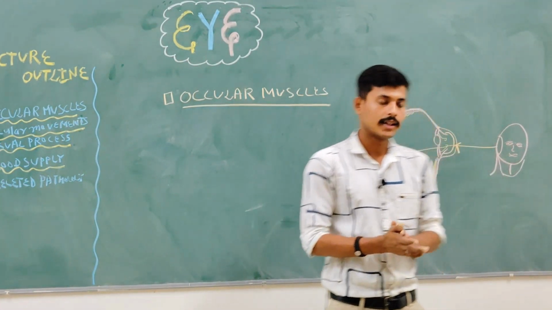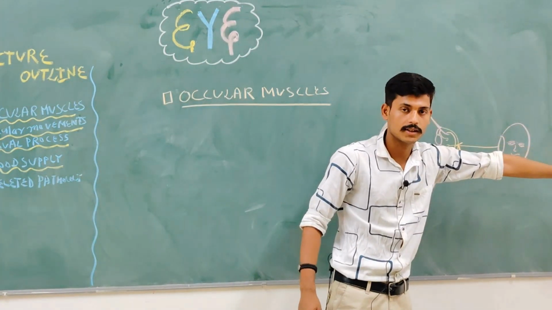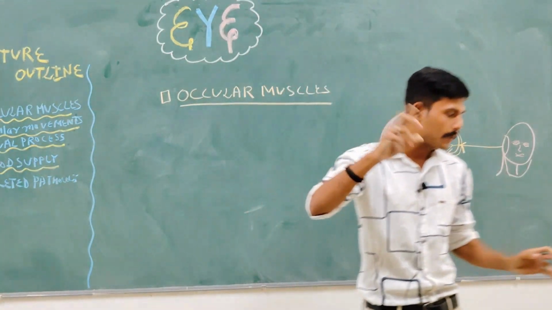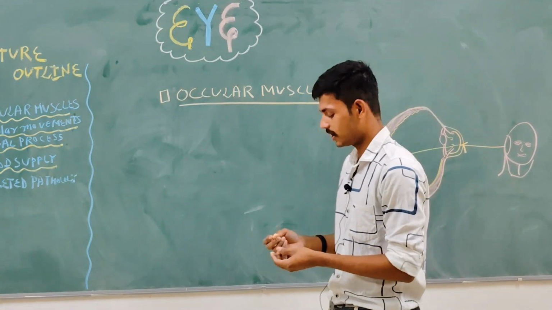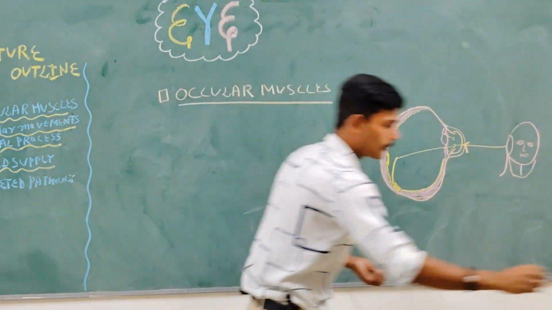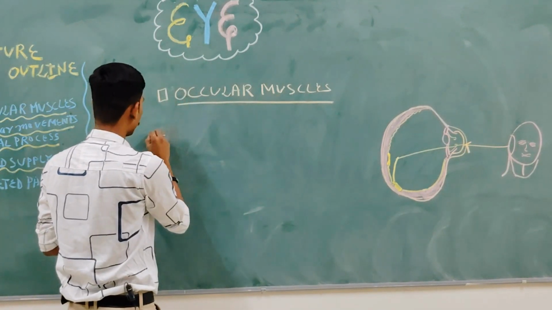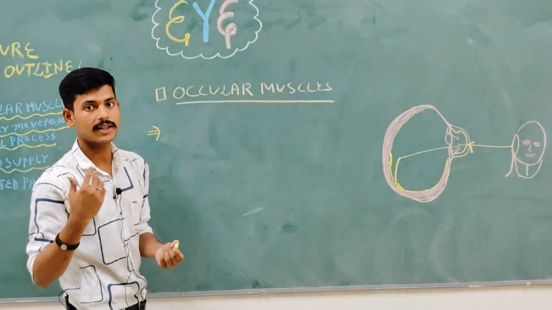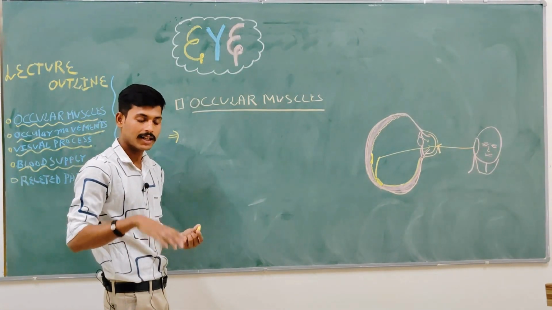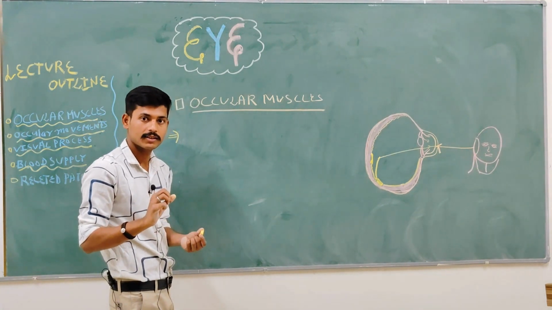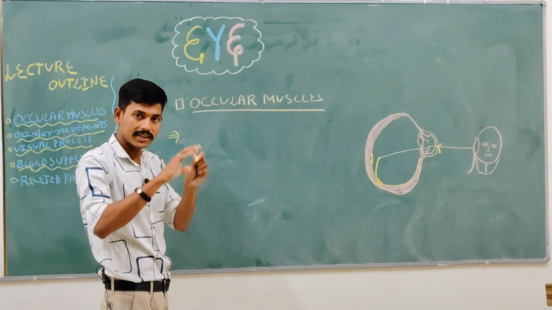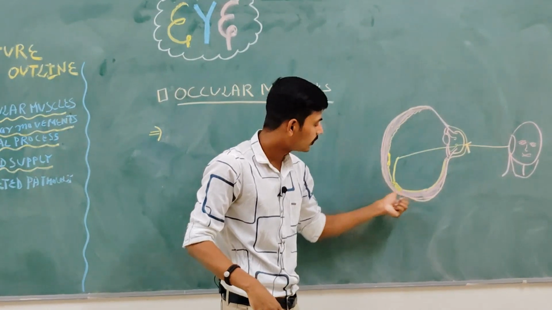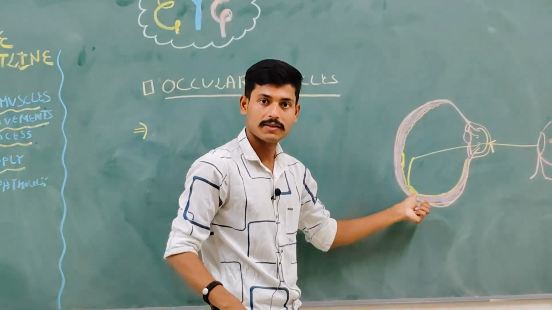Now if the object is far, then I have to adjust. This phenomenon of adjustment is called accommodation. Write this down. It is the adjusting of the eye for the near object, the far object, the up object, the down object, and the less intense object, so that the light comes to the macula lutea area with the fovea centralis.